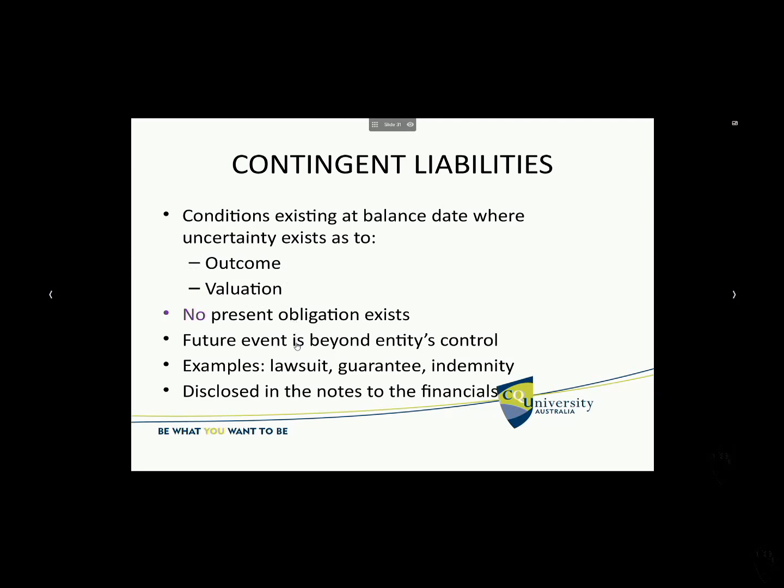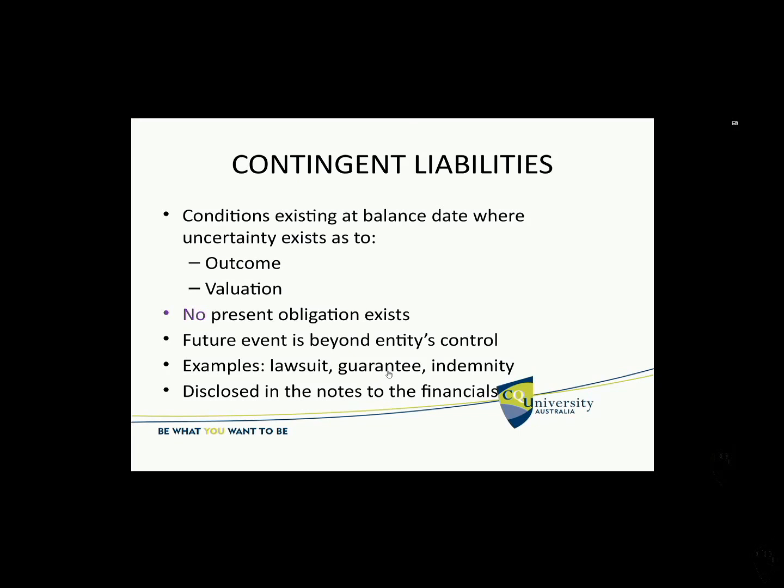The future event is beyond the entity's control, and there are examples here of lawsuits, guarantee and indemnity. Now, lawsuit, of course, there's no present obligation until the lawsuit is settled. And that's why there's no present obligation. For a guarantee, the difference between a guarantee and an indemnity is that in a guarantee there are three parties: the guarantor, the finance company that provided the money, and the person who received the finance.